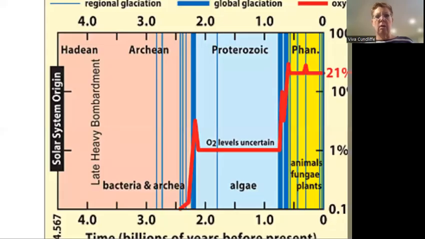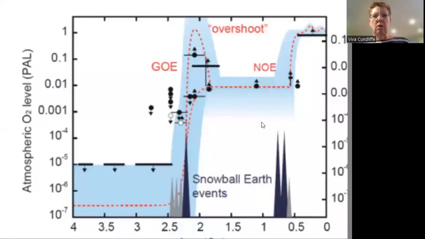So here we have a graph of the oxygen levels where there's a red line going through the different eras in the Earth's past. And you can see that presently today, there is a 21% level of oxygen, and there was a sudden increase at the end of the Proterozoic and the beginning of the Proterozoic, and both of those we'll see here.